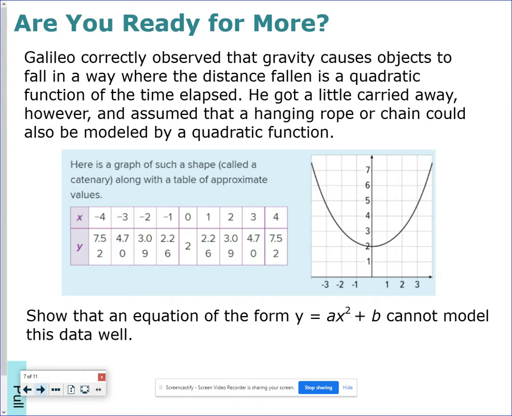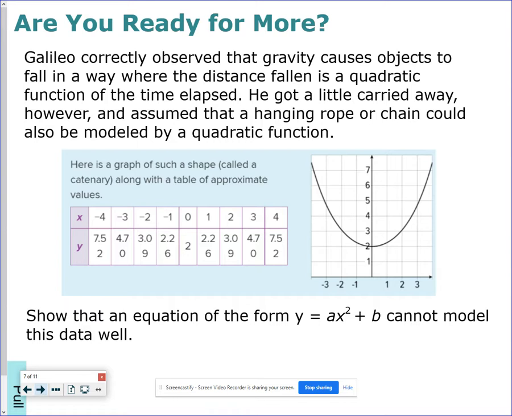Okay, so here's the thing. Galileo, thinking he's all smart, could see how the object was falling faster and faster each second. So he was trying to figure out what that shape would look like if he would graph that.